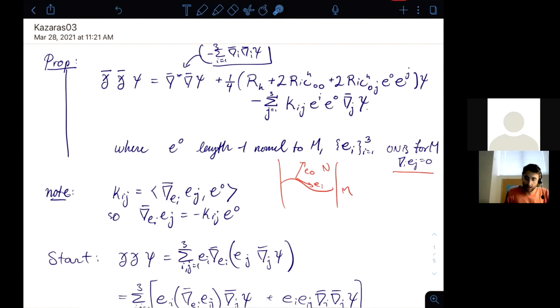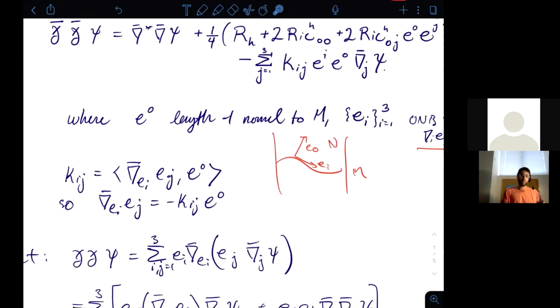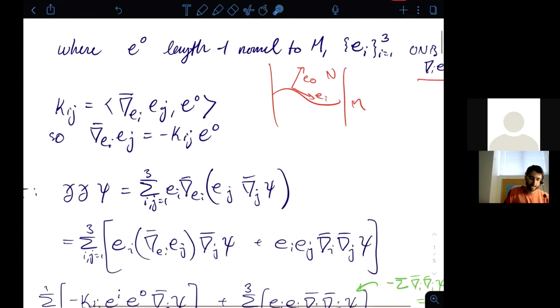All right, so now let's start the calculation. We're trying to establish this proposition, this Weitzenböck-Bochner type formula. Let's go for it. Let's just write down from the definition: what is Dirac twice? One Dirac, in this frame, is the sum over i of e_i multiplying nabla bar e_i, and then you apply that to the Dirac operator, which is the sum over j of e_j nabla bar e_j, all acting on psi.